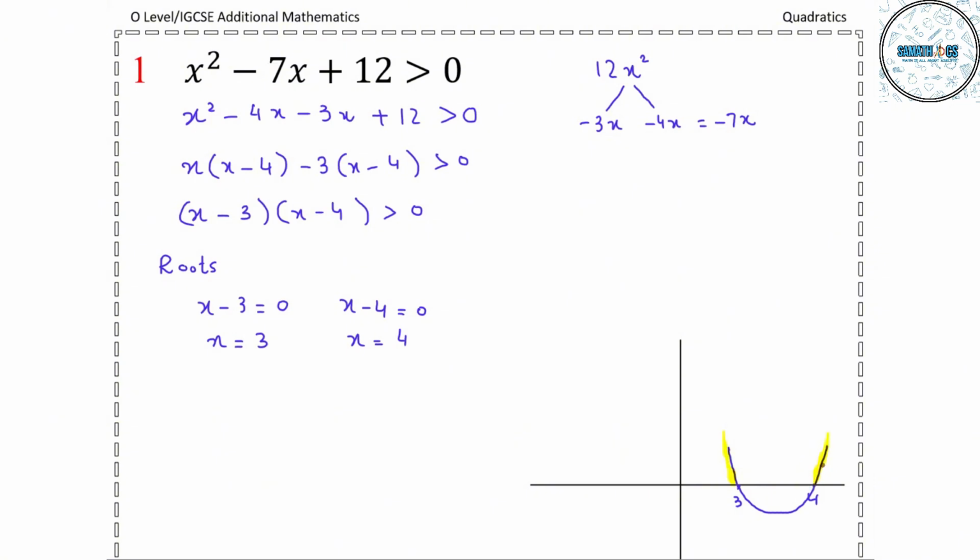The values of x on this part are greater than 4, and the values of x on this part are less than 3. So we can write down the solution as x is less than 3 or x is greater than 4.